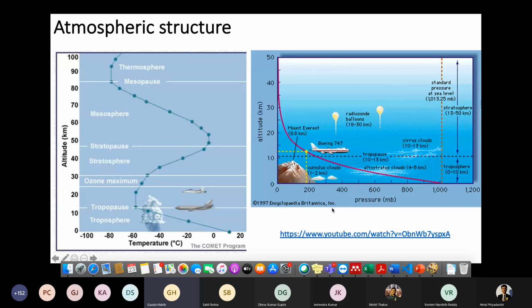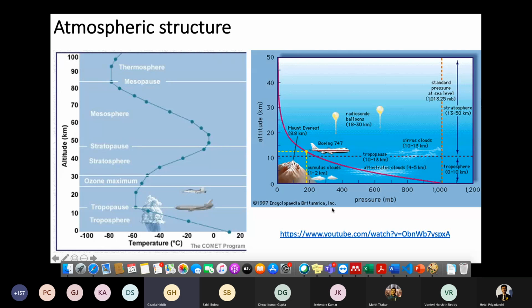So basically we can say the mesosphere, because of the very low amount of gaseous molecules, does not absorb much energy as compared to the stratosphere or the thermosphere above that. This is the reason for decreasing temperature in the mesosphere with height, and the coldest point is the mesopause, around minus 90 degrees centigrade.